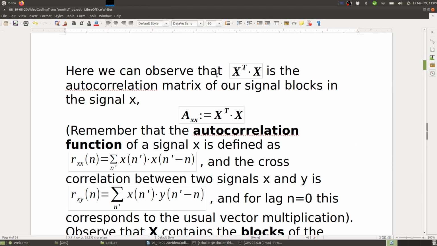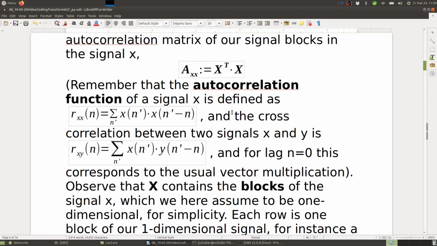And we have this expression X transpose times X in the middle, and this is the autocorrelation matrix of our signal blocks in the signal X. We call this AXX. So this simply results from X transpose X, which is now the autocorrelation and also the cross correlations of the different blocks. Remember, the autocorrelation function of any signal X is defined by this formula here.